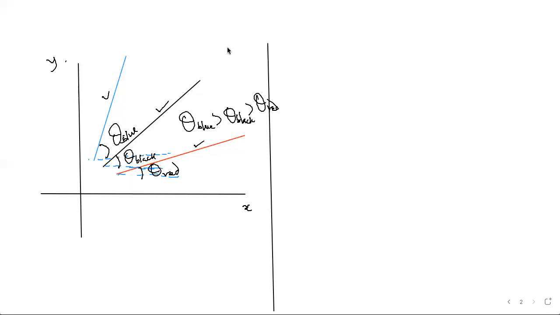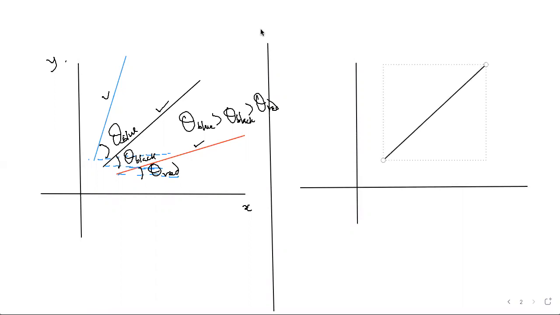Now, if you have the graph and you have to determine the gradient of that line, what you need to do is to pick any two points on the line. Let's say I pick this point, I call it point 1, and I pick another point here, I call it point 2. So what I need is the coordinate of point 1. What do I mean by the coordinate? I go to that point, then I trace where that line falls on the x-axis.